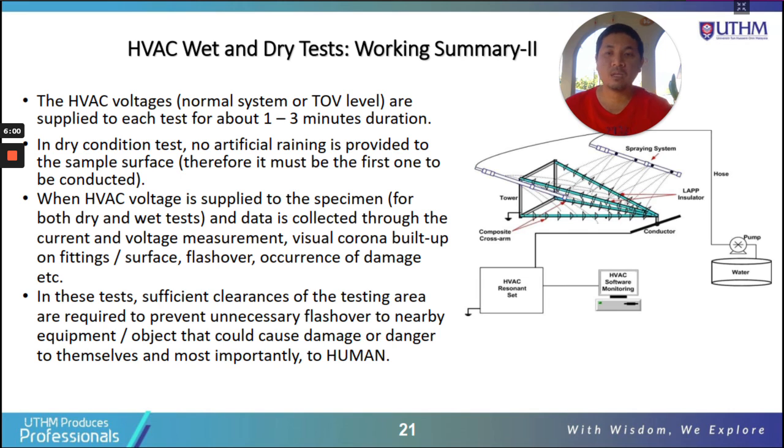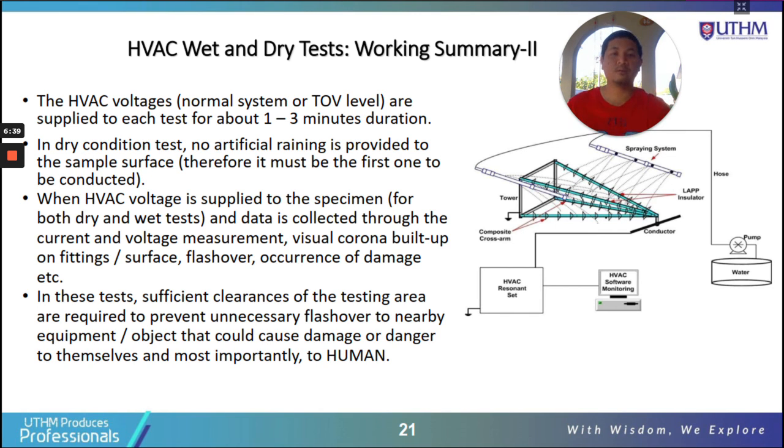In this test, sufficient clearance of the testing area is required to prevent unnecessary flashover to nearby equipment or objects that could cause damage or danger. Because the test uses high voltage up to 650 kilovolts, we have to make sure we have enough clearance between the high voltage conductor, the high voltage supply, and humans and other equipment.